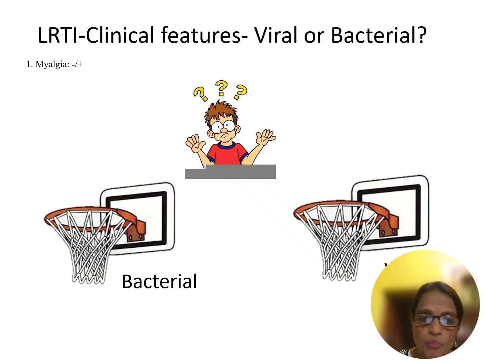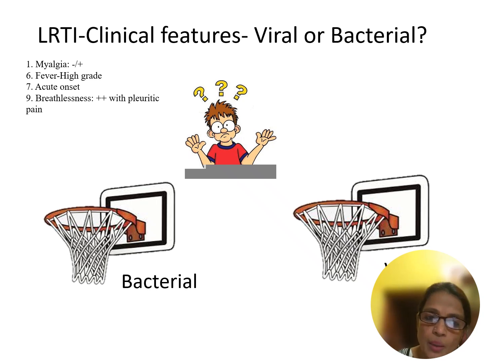Now number 1, myalgia plus or minus, which is a feature of bacterial infection. High-grade fever is a feature of bacterial infection. Acute onset again is a feature of bacterial infection. Breathlessness plus with pleuritic pain, because the inflammation is severe, there is pleuritic pain. So this is a feature of bacterial infection.